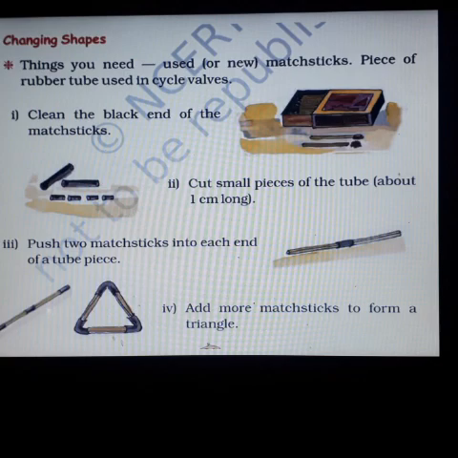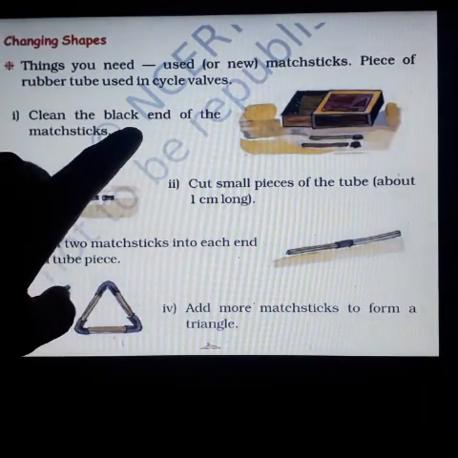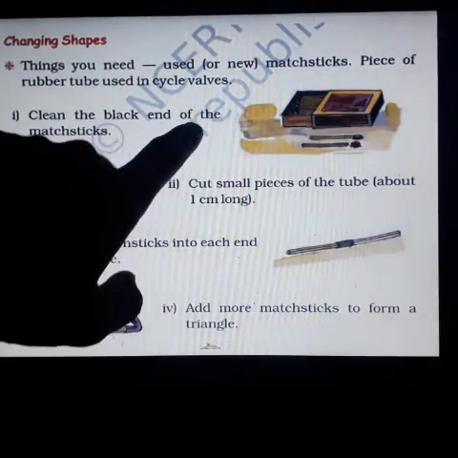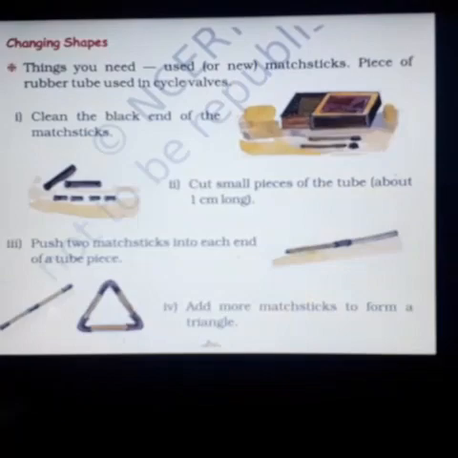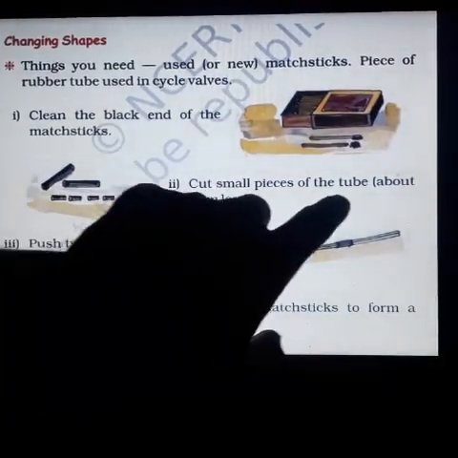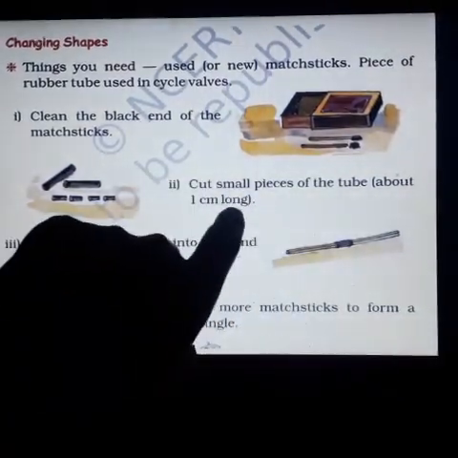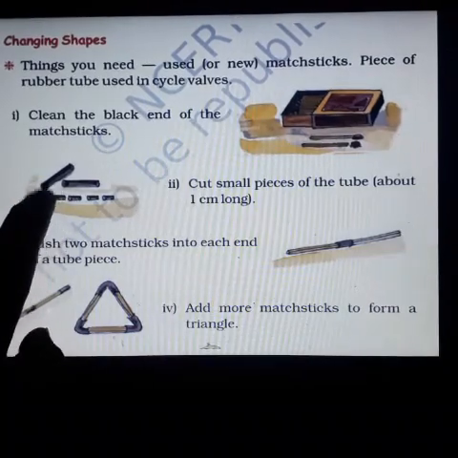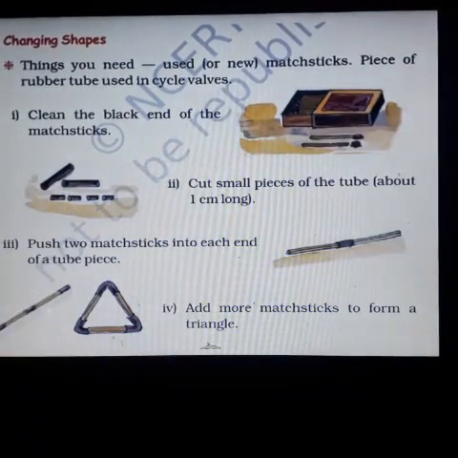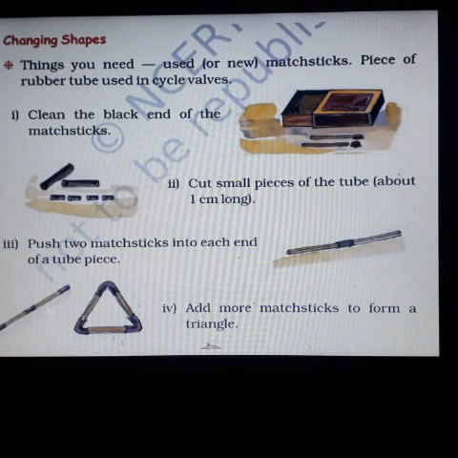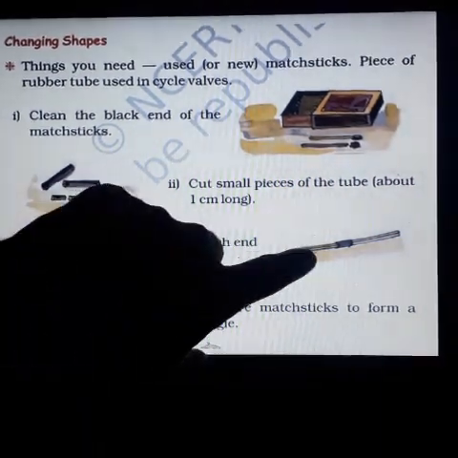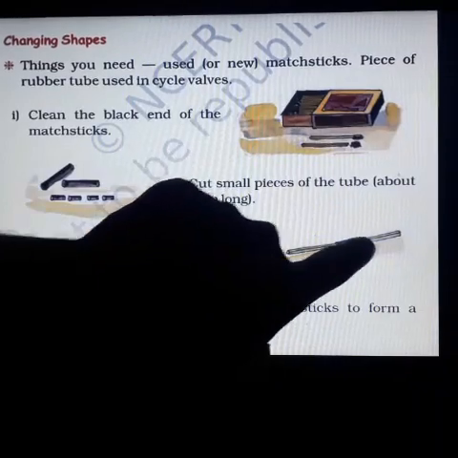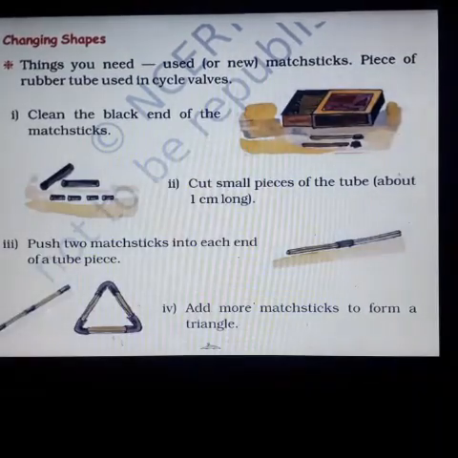First point is clean the black end of the matchstick. Cut a small piece of tube about 1 centimeter long, means you have to cut the rubber tube into small pieces of 1 centimeter. Push 2 matchsticks into each end, means on both sides of one rubber tube, you have to put 2 matchsticks.